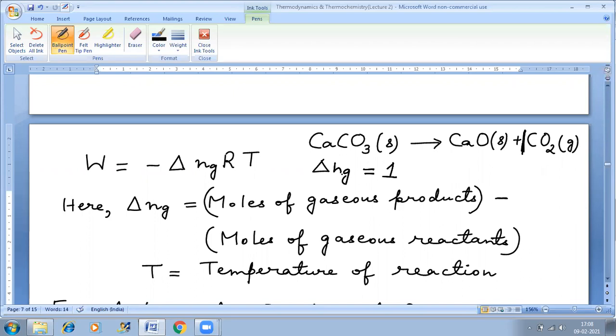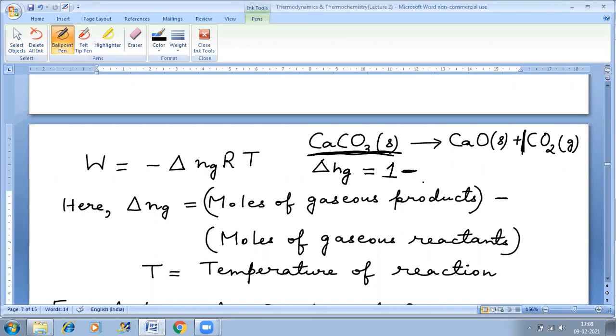And again, now I will look at the reactant, that is the left-hand side of the reaction. And I will look for gases present. Again, I see that there are no gases present here because CaCO3 is a solid here. So I will ignore that as well. So delta Ng is equal to 1 minus.